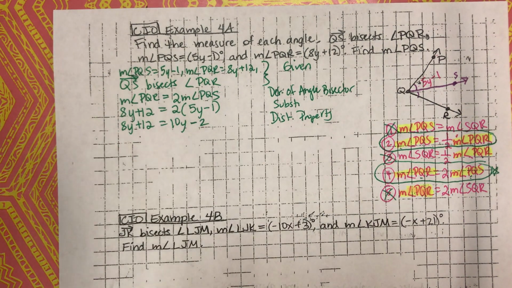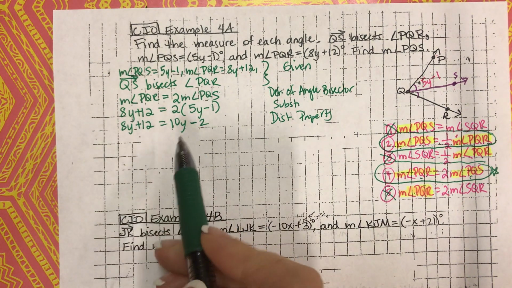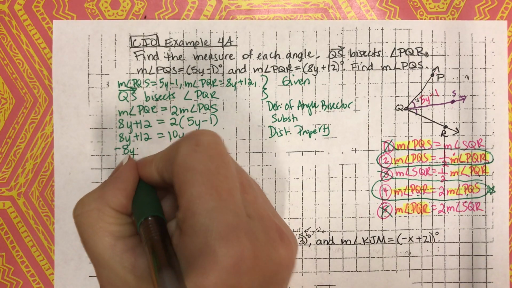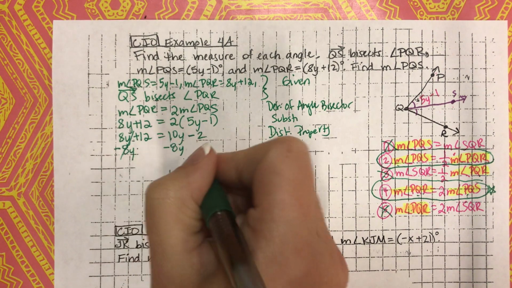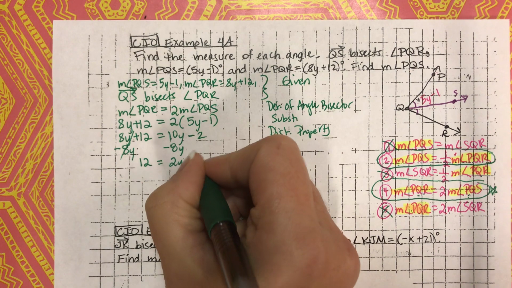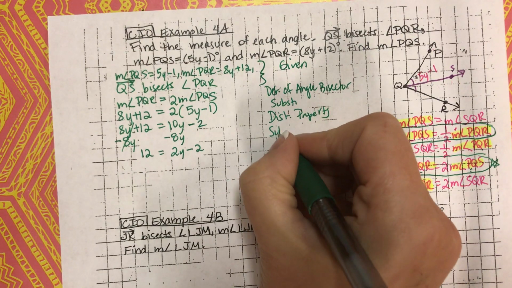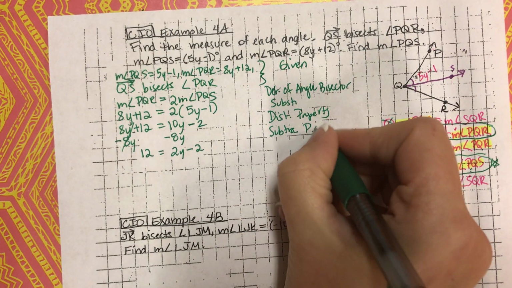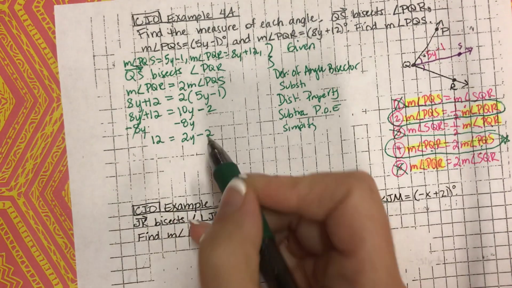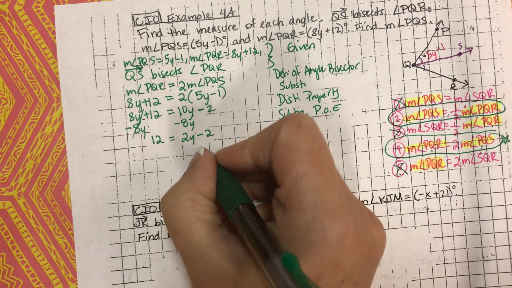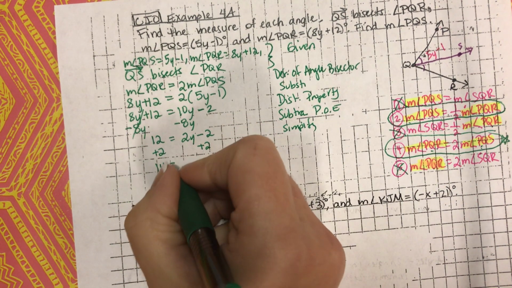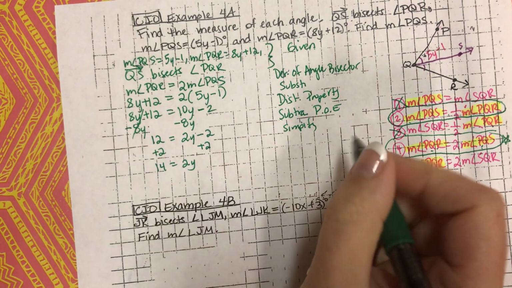Okay, now I want to get the y's. There's y's, the variables, on 2 different sides. I need to get them on the same side. I'm going to move the smaller, which means I'm going to subtract 8y from both sides. That cancels. I'm left with 12 equals 2y minus 2, right? So subtraction property of equality. I simplified here. Perfect. I'm going to get y by itself, so I'm going to have to add 2 to both sides. 12 plus 2 is 14 equals 2y.